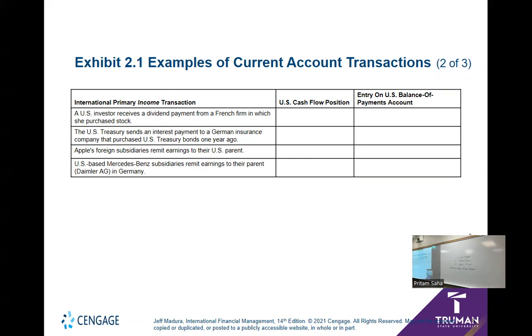Inflow for financial assets or real assets? Financial asset, right? Because it's not a business, it's a financial asset. Second one. Outflow for financial asset, right?